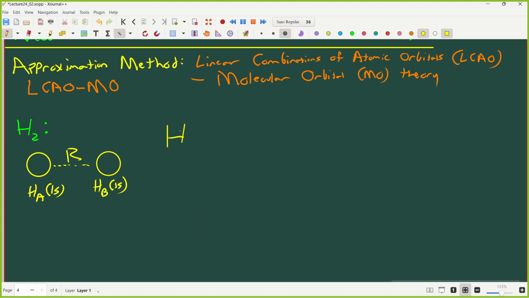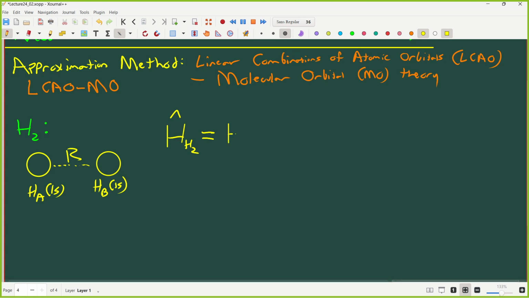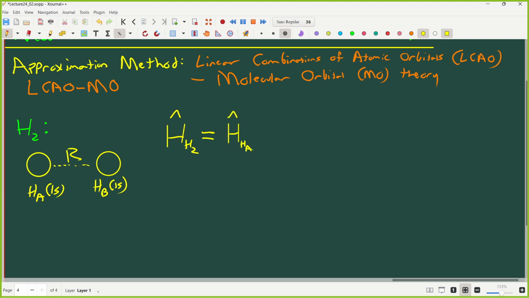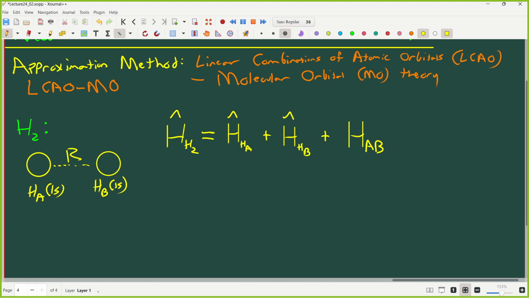is that the Hamiltonian for H2 is going to be the Hamiltonian for the A atom, so it's a hydrogen orbital, plus the energy for the B atom, plus a term that's small that mixes the two.